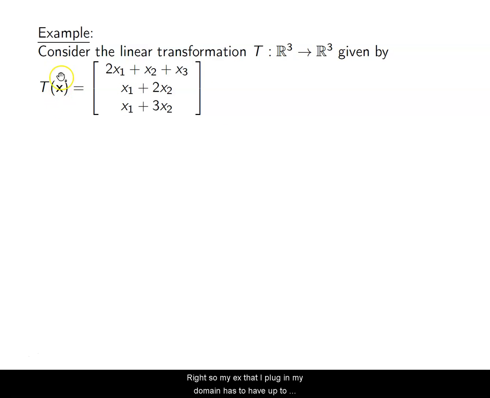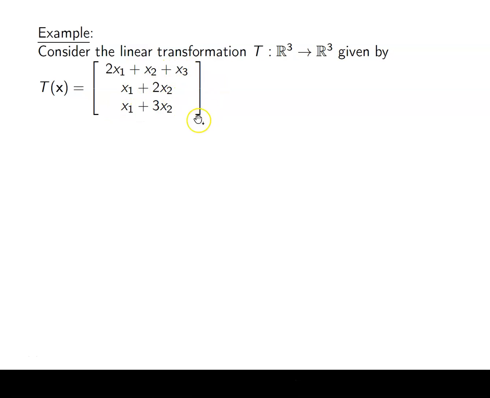So when I plug in my 3 elements from whatever vector I multiply this by, my x that I plug in, my domain, has to have up to x3, because if you look here, it goes x1, x2, and x3. There's no x4, no x5s, nothing like that. The largest one you see is x3. So my input, my domain, has to be R3. The vectors I get out are going to look like this: an entry here, an entry here, an entry here.